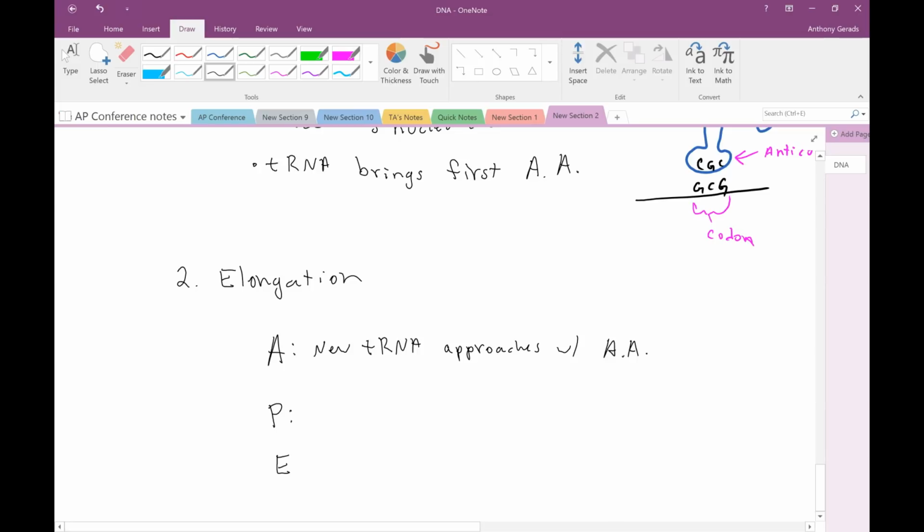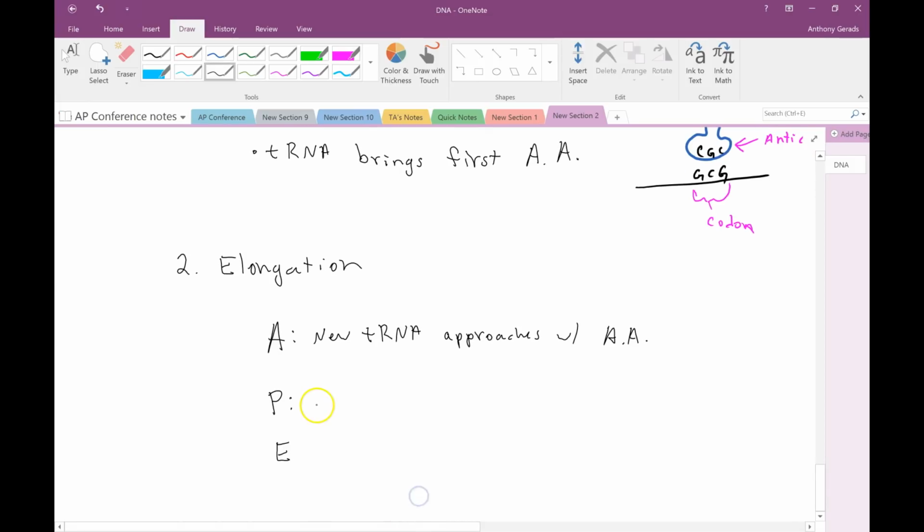The P site is where I have my growing polypeptide chain. That polypeptide is going to break off and join onto the new amino acid.